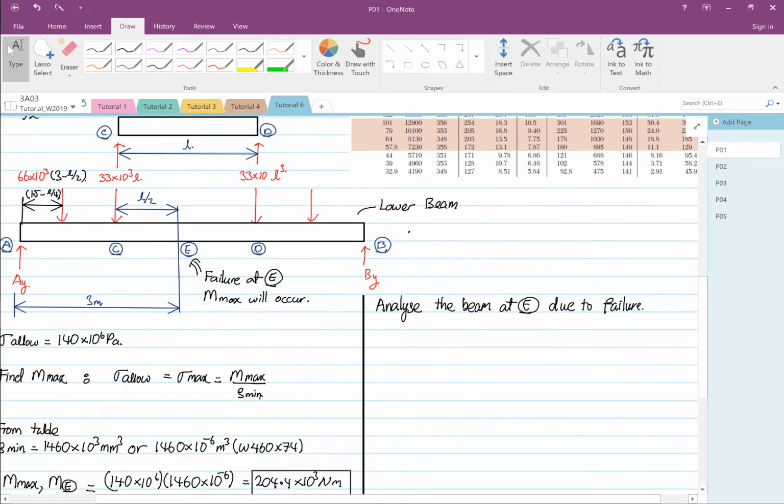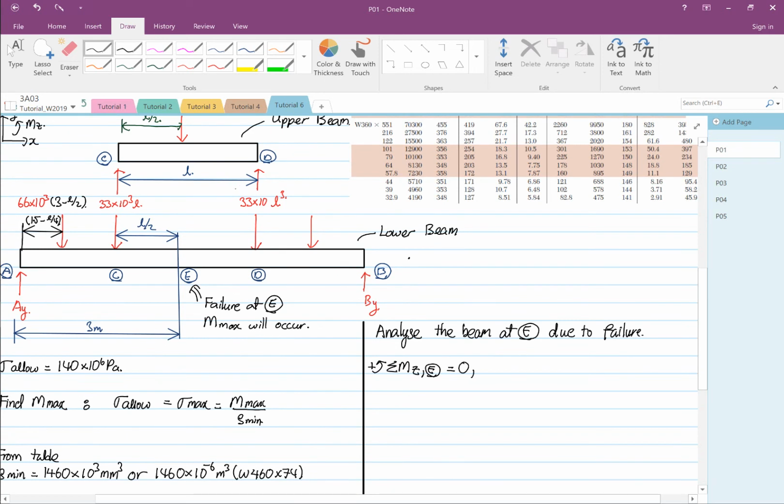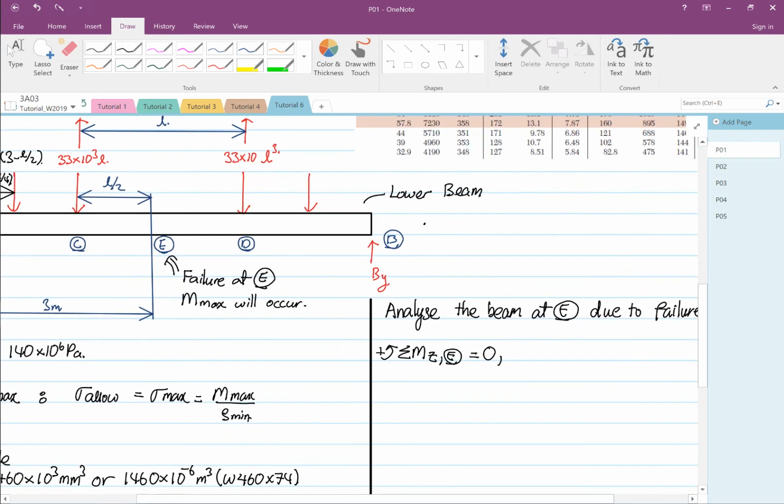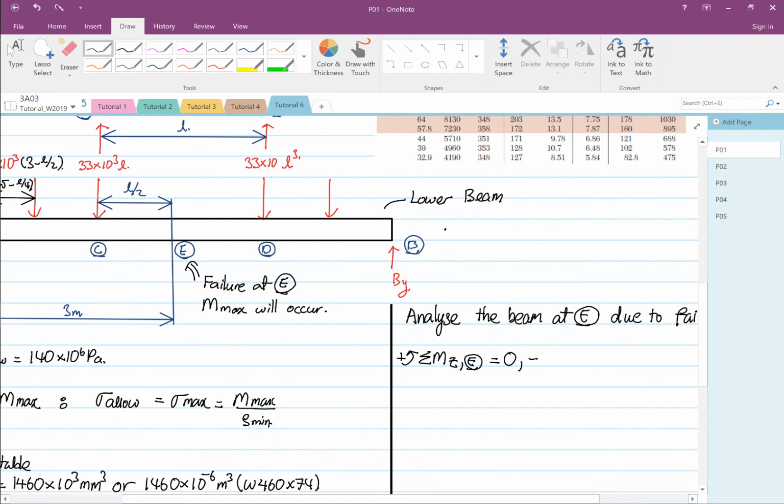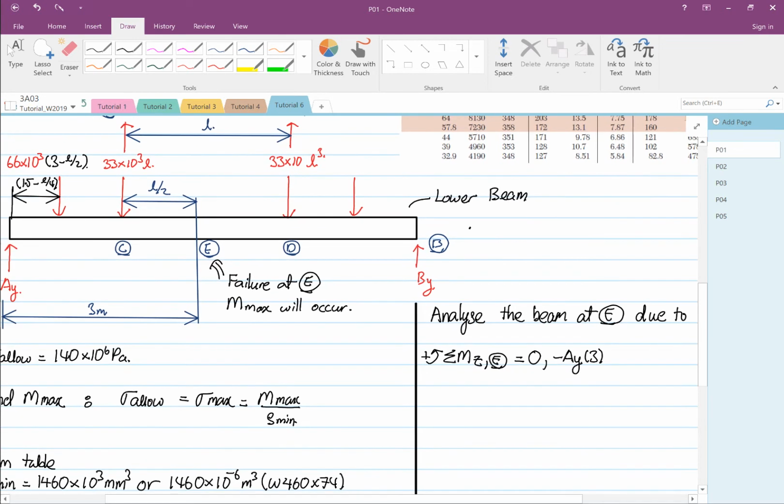So we have this. You know that AY. Summation of moment about Z, and we're going to take the moment at point E. So this will be equal to minus AY multiplied by 3, and then you have 66 times 10 to the power 3 times 3 minus L over 2.